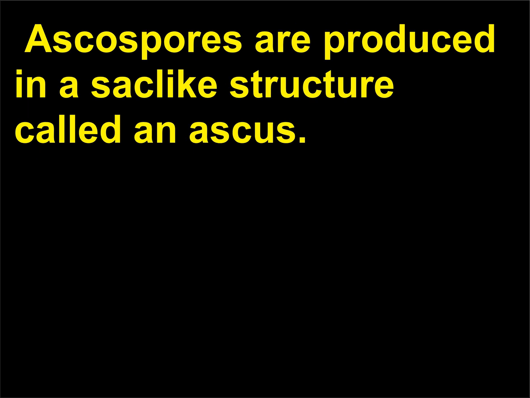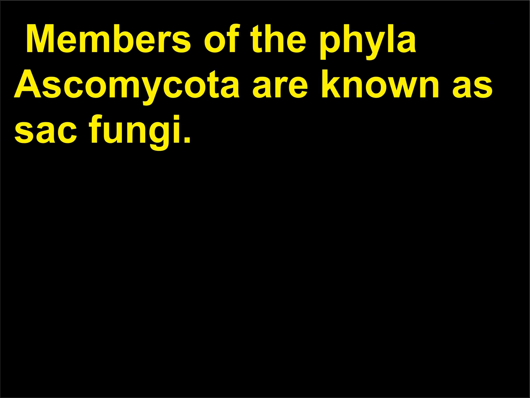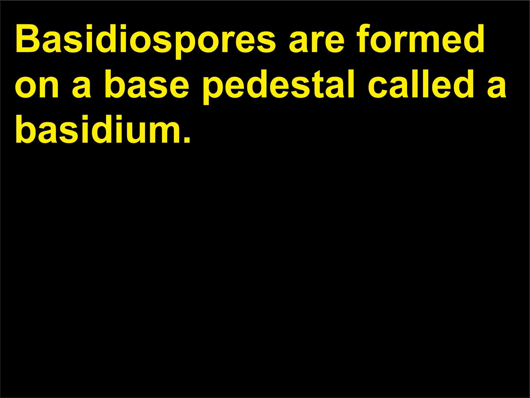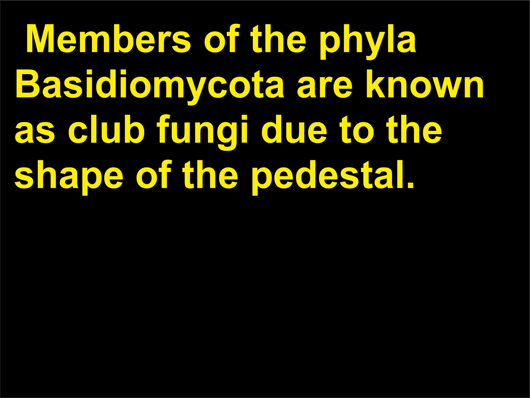Ascospores are produced in a sac-like structure called an ascus. Members of the phyla Ascomycota are known as sac fungi. Basidiospores are formed on a base pedestal called a basidium. Members of the phyla Basidiomycota are known as club fungi due to the shape of the pedestal.